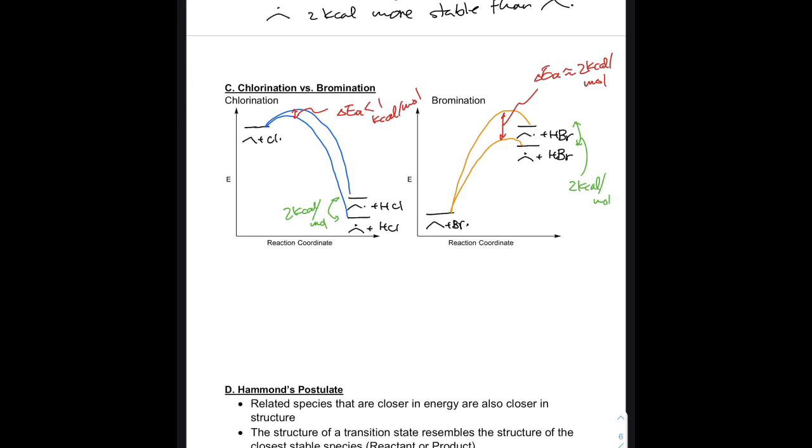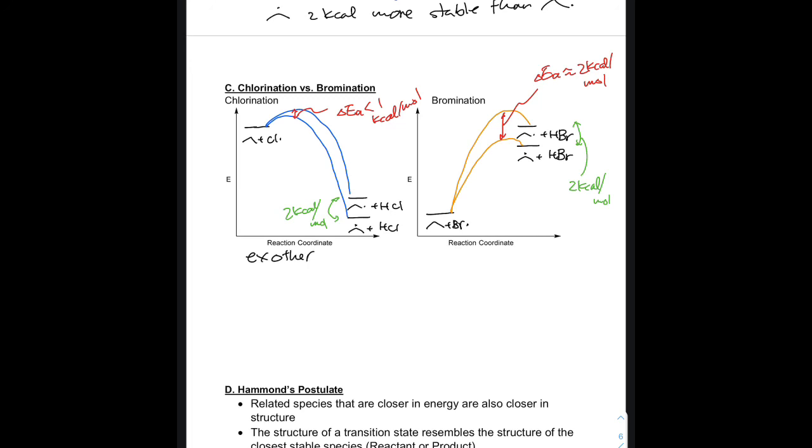In bromination, because it's endothermic, the transition state is necessarily closer to the product than to the reactants. And that's why in an endothermic reaction, the difference in energy between the two products really matters for the transition state, because the transition states are as different from each other as the two products are.